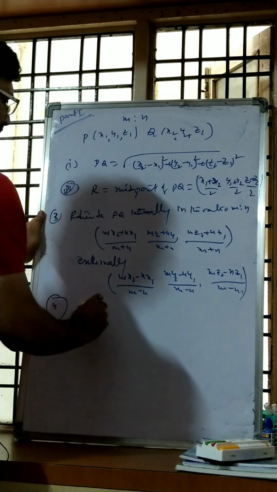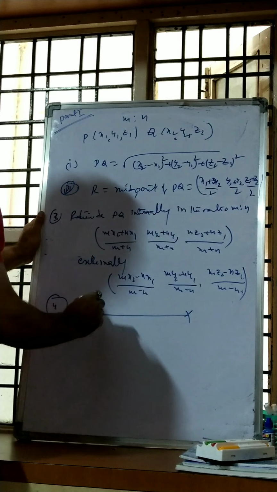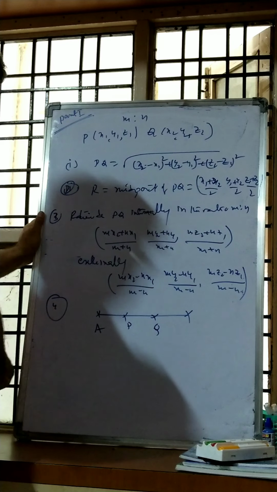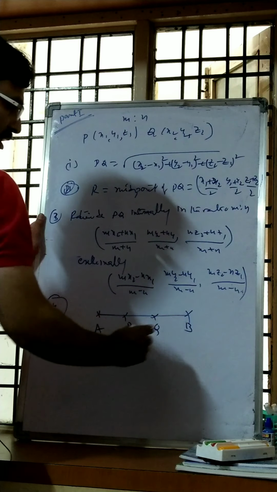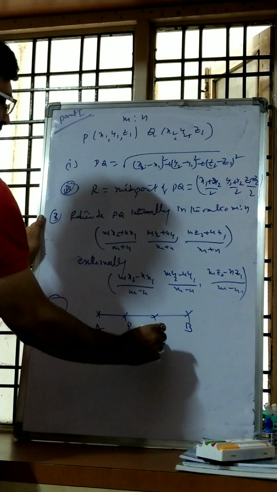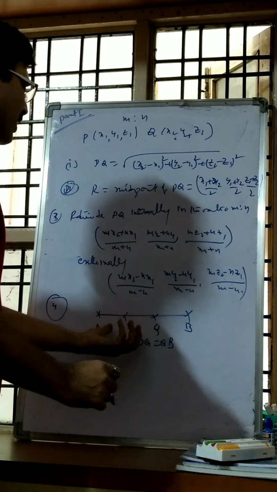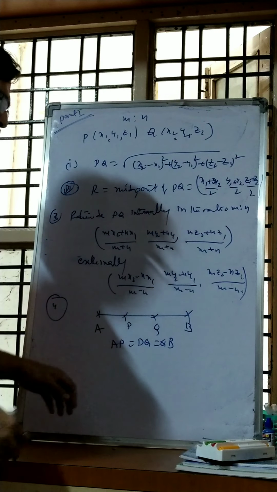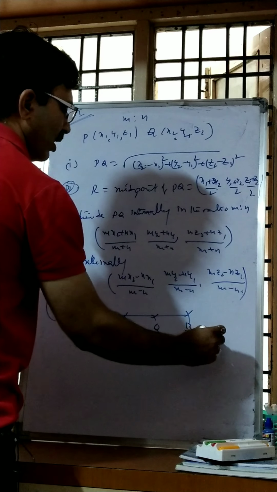Fourth point: suppose we have A, P, Q, B. If this is satisfied, you know very well that P and Q divide AB in the ratio 1:2 or 2:1.